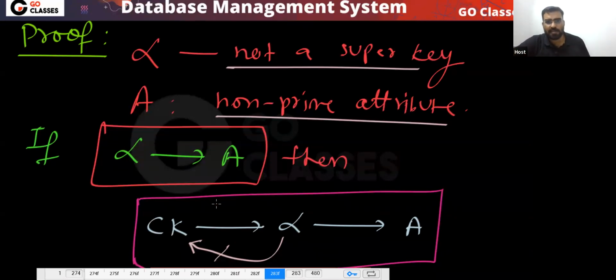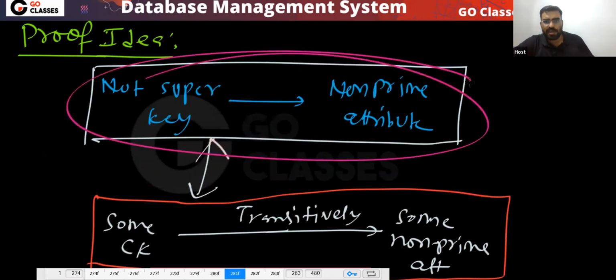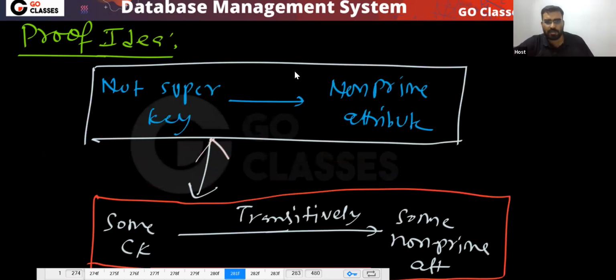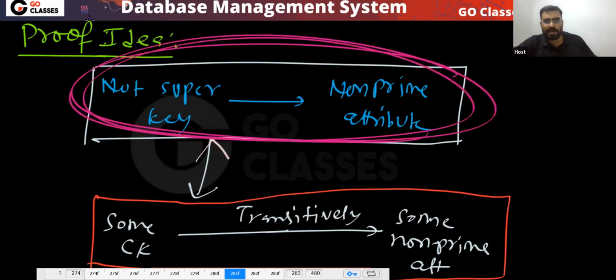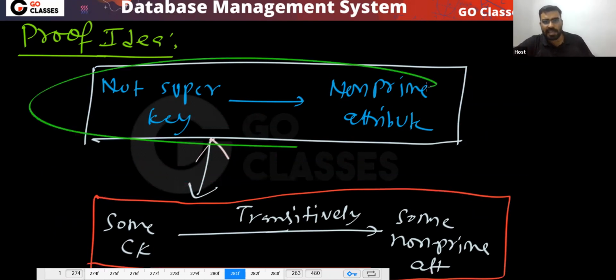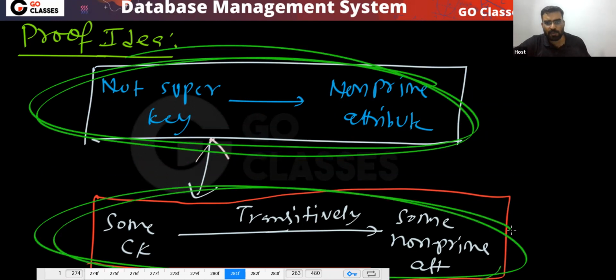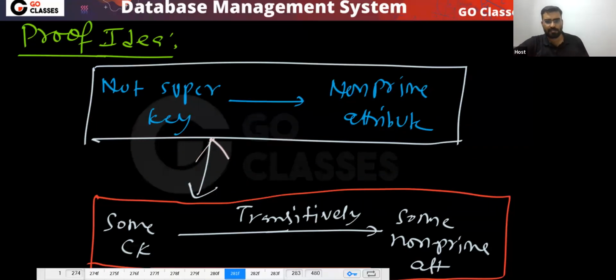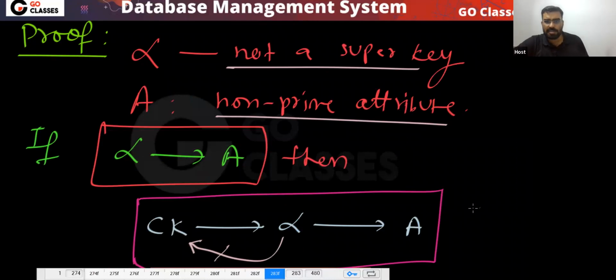Is this proof clear? Did you understand this proof? Very simple. If you have this type of situation where not a super key implies non-prime attribute, then you can create this type of transitive dependency, CK to A. Yes or no?